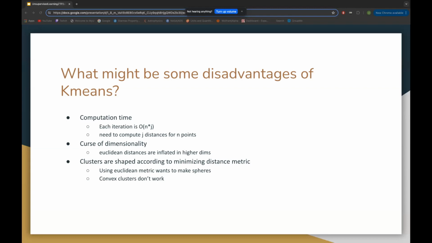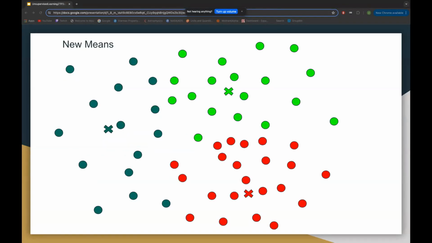And a big one here that you guys didn't really mention is that the shape of the clusters is fully determined by the distance metric you use. In this case, I use just the standard Euclidean metric, which gives you spheres.